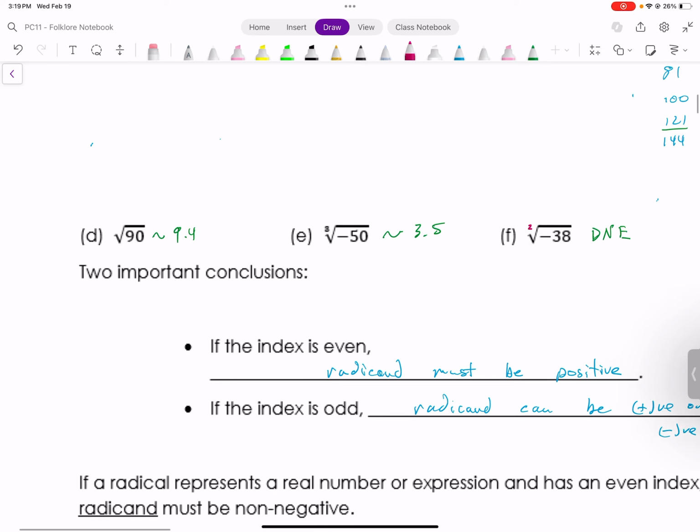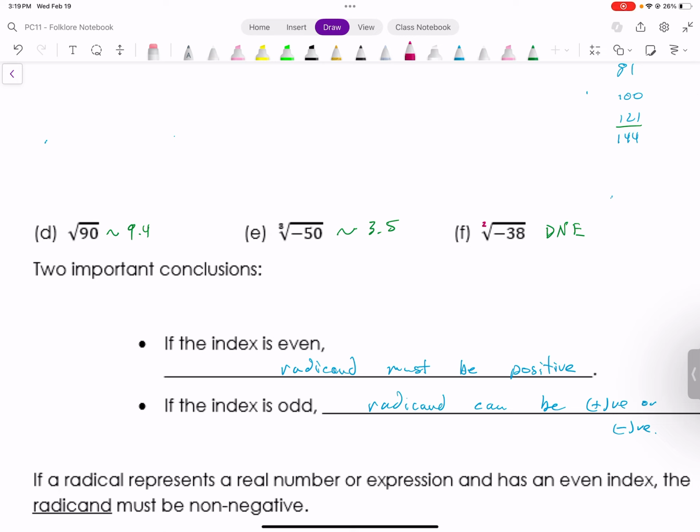Now, you may recall from last year 2 important conclusions. If the index of the root is even, that's that number there, then the radicand must be positive. However, if you notice in E, if the index is odd, well then your radicand can either be positive or negative.